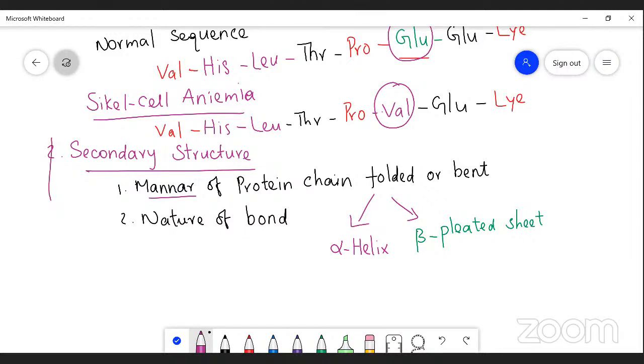Listen, it is the alpha helix structure of protein.